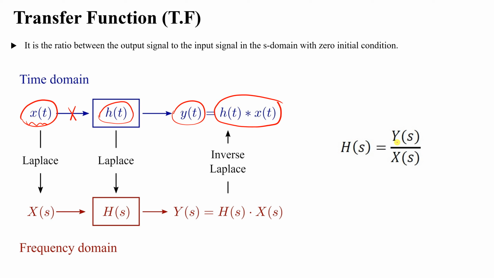If I would like the output, it will be the transfer function of the system multiplied by the input given to it. In the Laplace transform, in the frequency domain or S domain, the complex frequency domain, x(t) will become X(s), h(t) will become H(s), and all of this will become s, which represents the S domain.